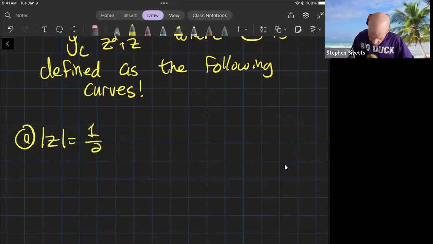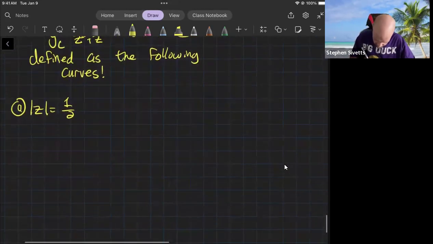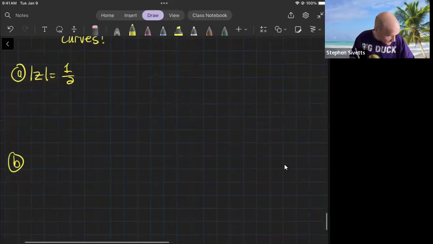Part A is the circle of radius 1/2. Part B is the circle of radius 2.